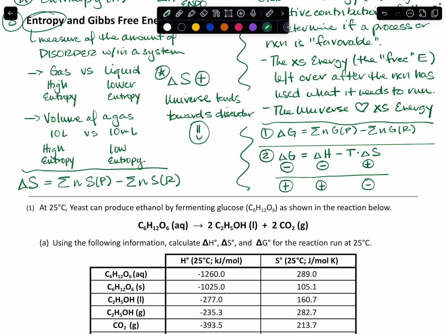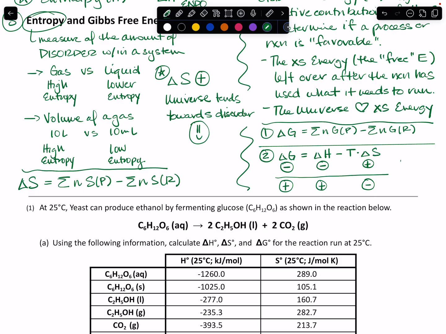All right, so you need to pay attention to the signs of your entropy and enthalpy, and the temperature is very important in determining favorability for these processes. Remember, though, delta G wants to be negative, indicating that energy is released.